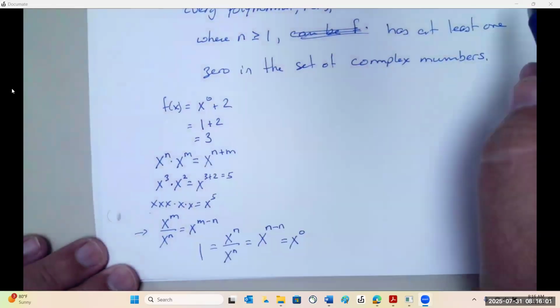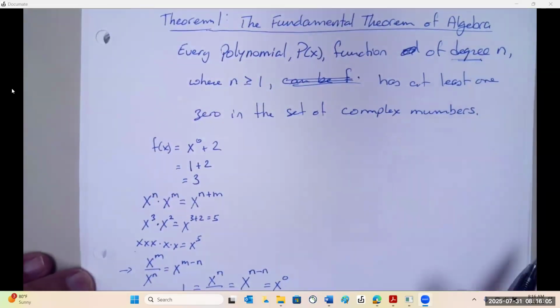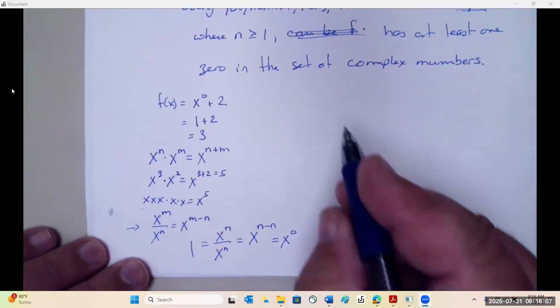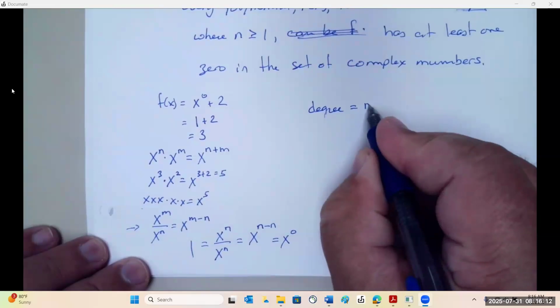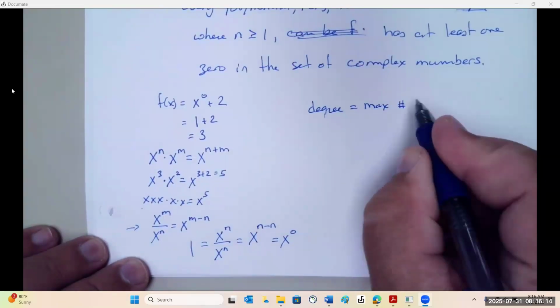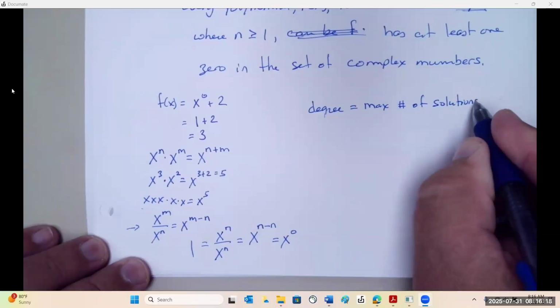What does the degree tell us? What is the purpose of a degree? The degree tells us the maximum number of solutions possible.